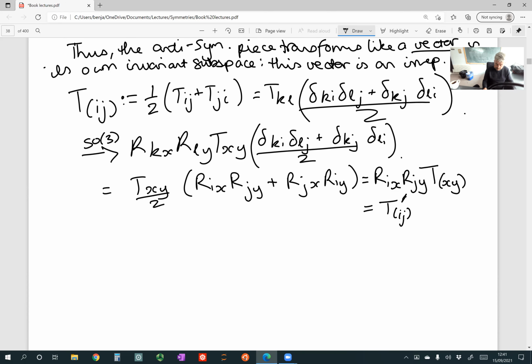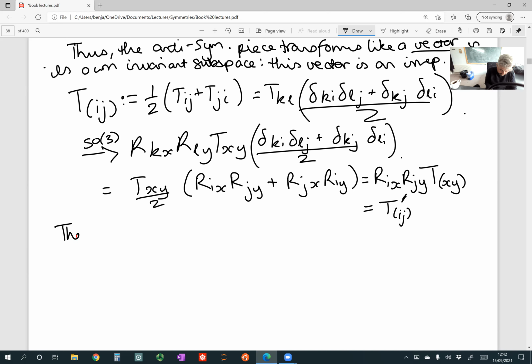So the traceless part, remember, hidden in this symmetric piece is the trace, and that's its own invariant subspace. So if we want to make an irrep out of this symmetric combination, we have to subtract out the trace of it.